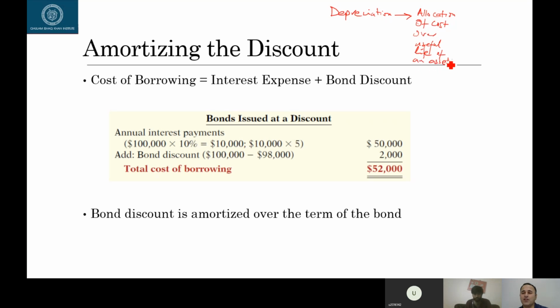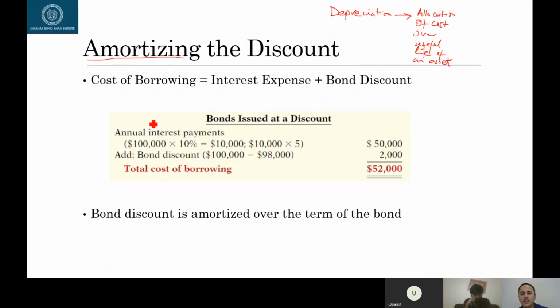If it's machinery and the useful life is 10 years, you allocate the cost and it's called depreciation. Similarly, for example, for a loan we also use the word amortization, right? The discount can also be amortized over the period of the bond. So if it's a 5 years bond, you amortize the discount over a period of 5 years.